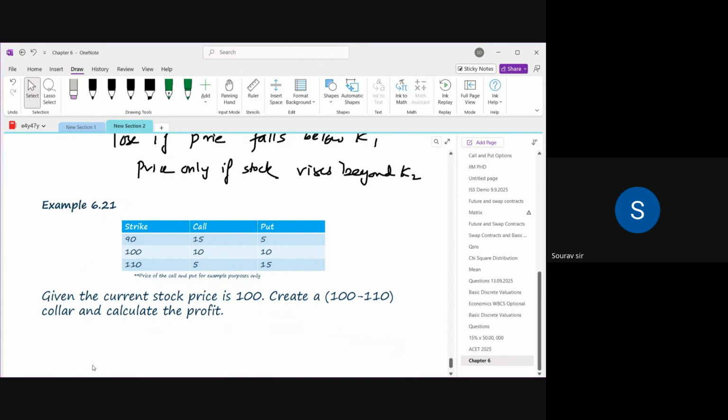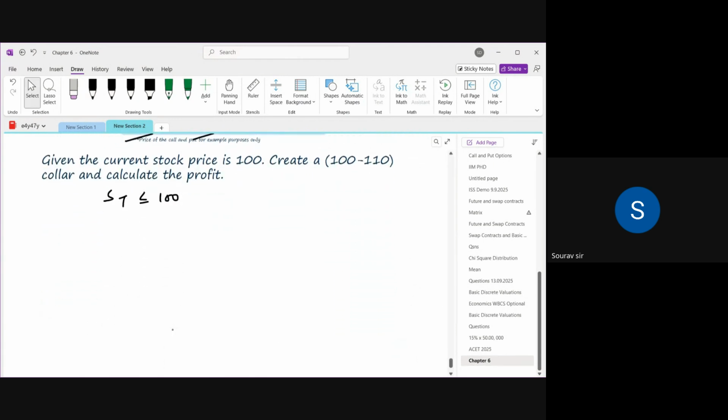You buy a put at 100, so cost is 10. You sell a call at 110, so you receive 5. So what is the payoff at expiry? Case 1: ST less than or equal to 100. So long 100 put payoff is 100 minus ST, and short 110 call is 0. So net payoff is 100 minus ST minus 5.